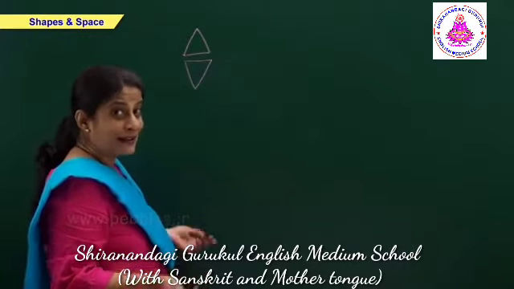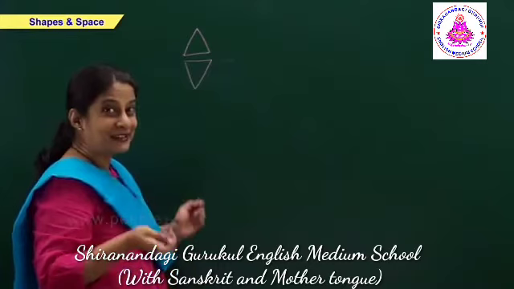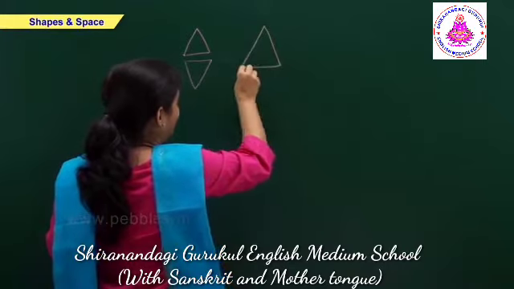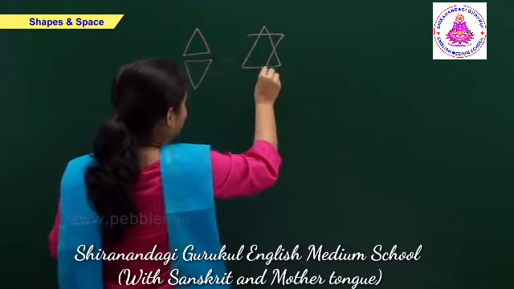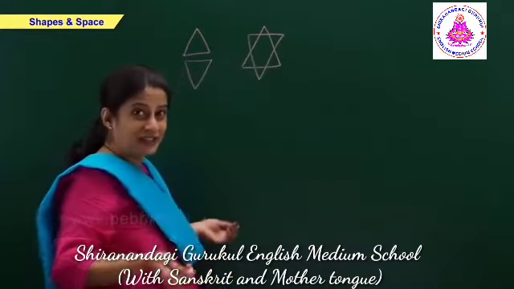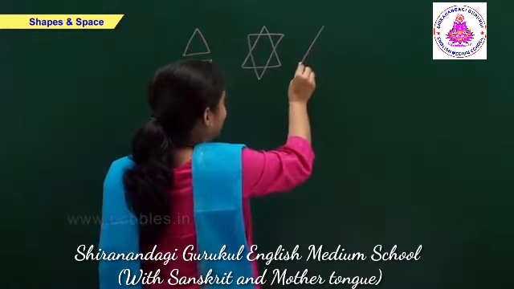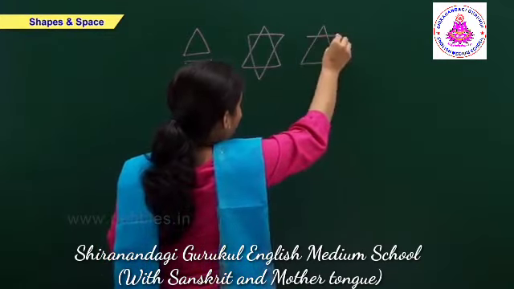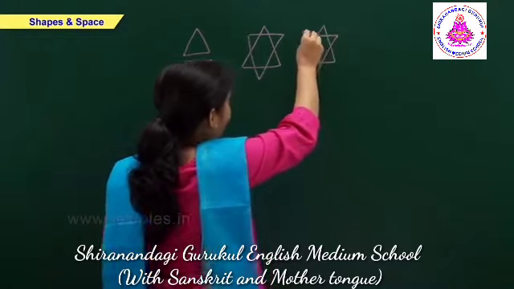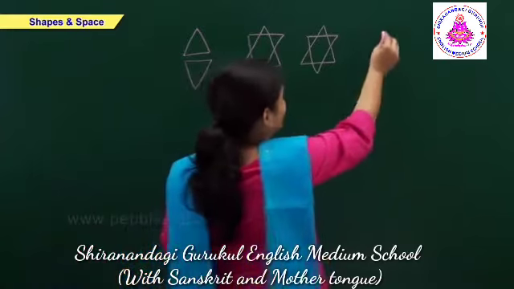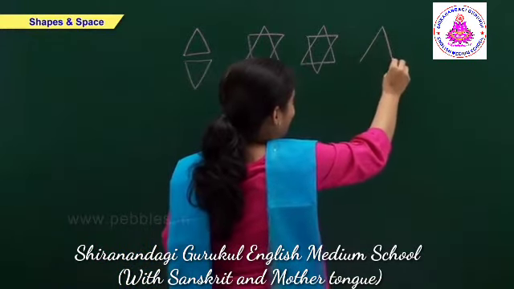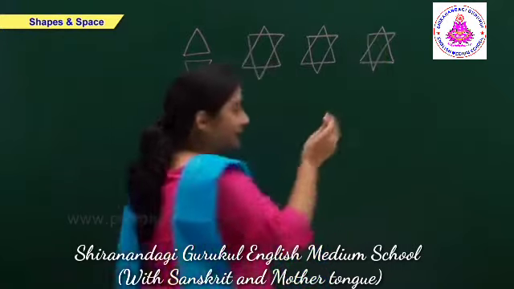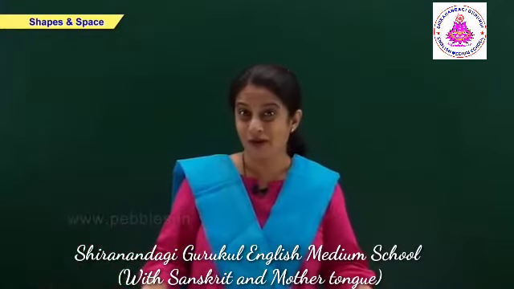And now let's overlap these triangles and make a star. Star. Now let's draw an oval.